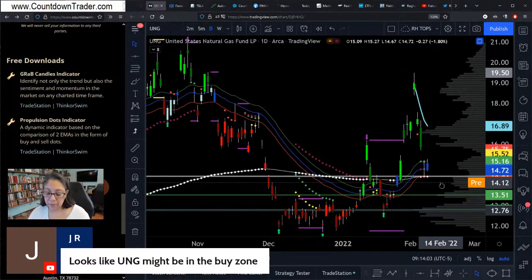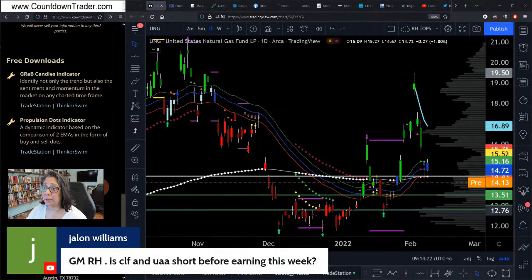So yeah, we'll definitely talk about that this morning. UNG not only is in the buy zone, it's sliced down through. It's probably going to be a pretty interesting opportunity, but you all know also, if we gap and there's a lot of bearish momentum, A, why? B, do we wait for a pause pattern? And we'll definitely talk about that this morning.